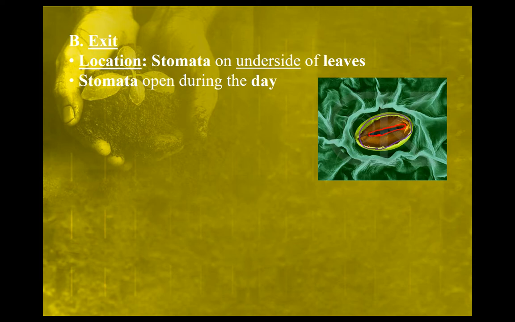So how does it exit? Well, the stomata is open during the day, and then you can lose water through transpiration. Now, in terms of what transpiration is, we talked about this briefly in the Interactions and Ecosystems unit. Transpiration is specifically the vaporization of water in plants. Vaporization is a phase change where you go from having a liquid to a gas.